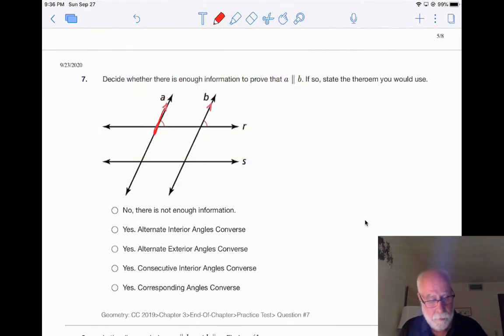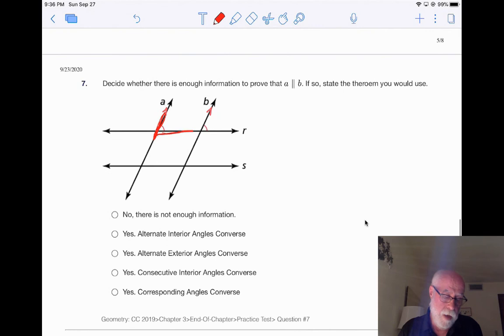Well, looks like we have an F angle there, people. All right, so that's part of the F. So we would be able to say that this here and this here angle are the same measure. So yes, we could prove that they are parallel by the converse of the corresponding angles theorem.